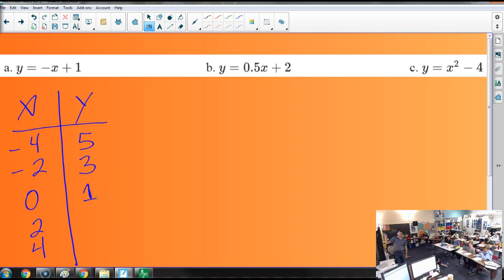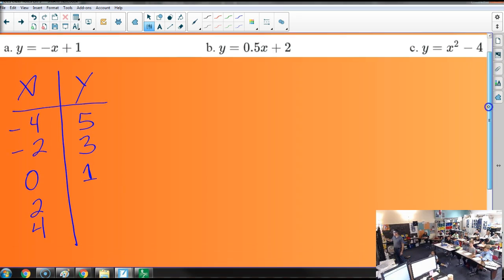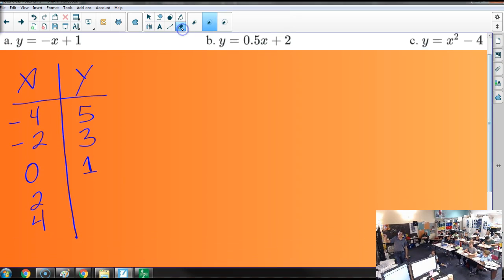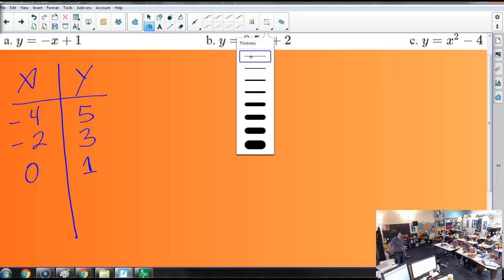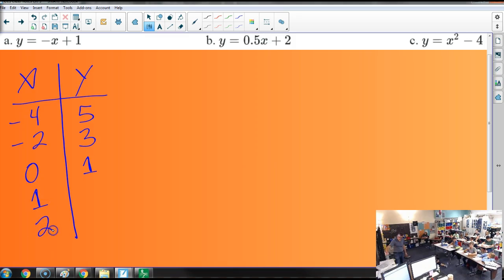Now, the only other thing that I might advise, if you're looking to recognize slope and the other behaviors, don't jump through your table, go by ones. And I'll show you why. The slope here is actually -1, right? What is in front of the x?